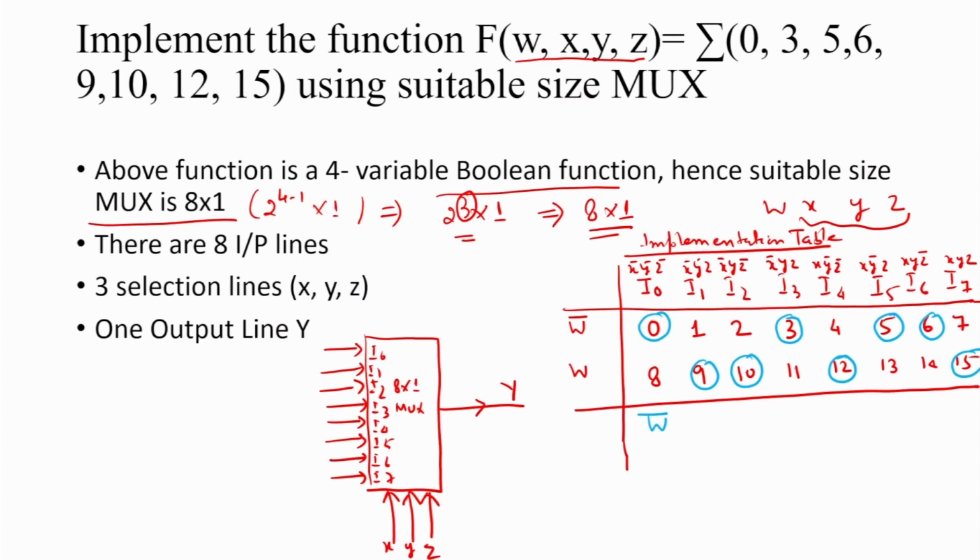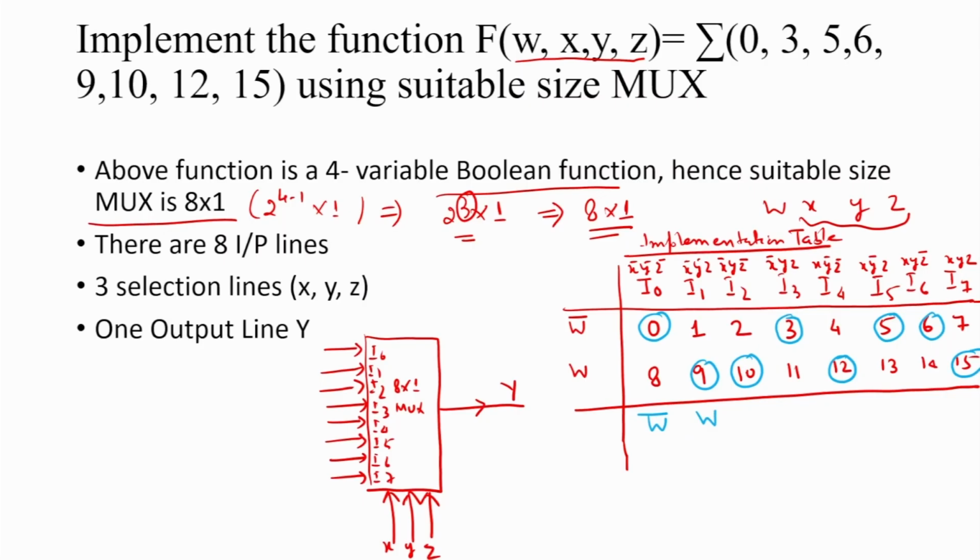W complement goes through I0. What happens here? Only the lower minterm is circled corresponding to I1 in this column. This means W goes from this input line I1.